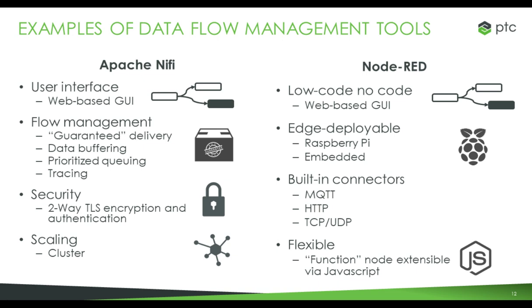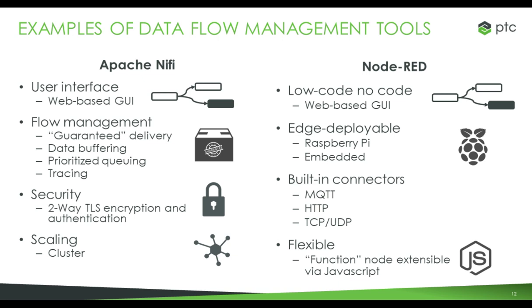And I won't go through each of these bullets, but in terms of differentiating them, it does seem that Apache NiFi is a little bit more complex with a fair amount of configuration. So it's more work to set up, but allows users to very granularly see how and when that data is being transferred, and does have some robust tools around fault tolerance and ensuring data delivery.